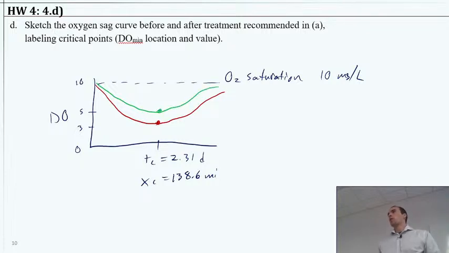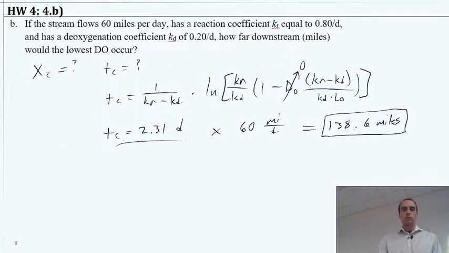Something like that. Okay, so pretty straightforward. Just want you to label it and also to recognize that the time and the distance is the same for both scenarios, given that L naught had nothing to do with it when solved with a 0 initial deficit.